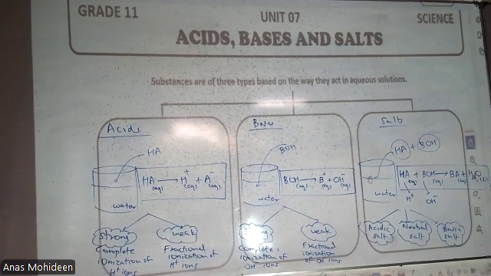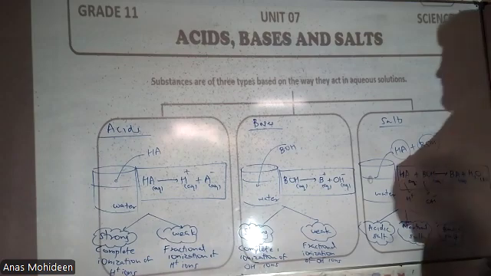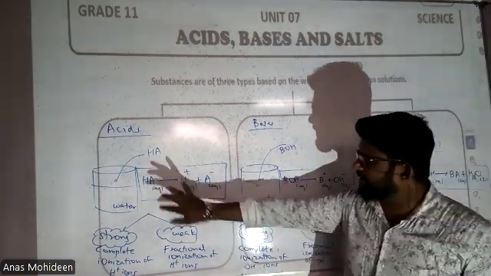A-Q-U-E-O-U-S is aqueous. Right? In an aqueous medium. So chemical compounds which release hydrogen plus ions in an aqueous medium are called acids. Only this part you have to write here.